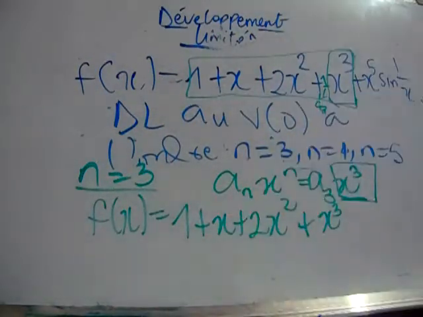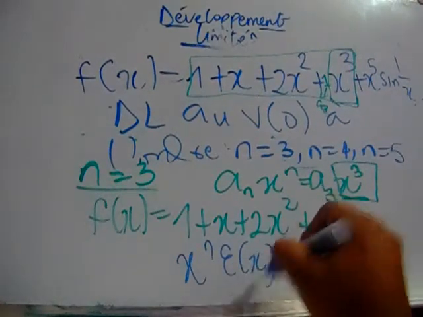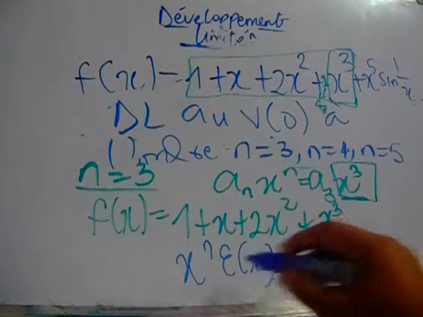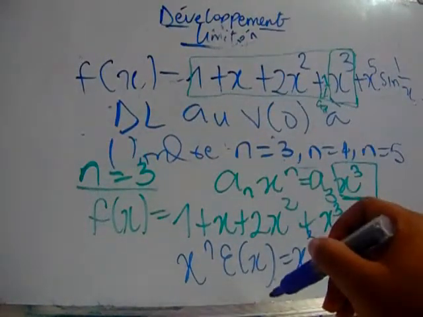This is the polynomial part. It has been verified. So the next part is the rest. And we say when we are calculating the rest, we have to calculate x raised to the power of n epsilon of x. So our n is 3, so we have x raised to the power of 3 epsilon of x.